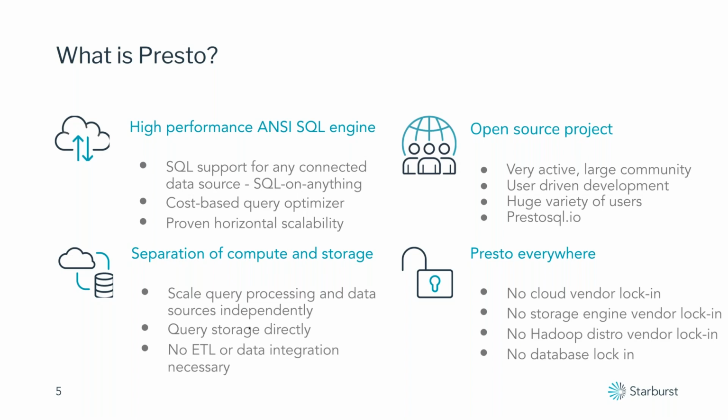It's an open source project. It's been around since 2012. There's a large and very vibrant community of developers and users across the entire world. If you're interested in that side of the project, you can find more details at the website, or you can join the Slack channel to engage and discuss with other users and developers.